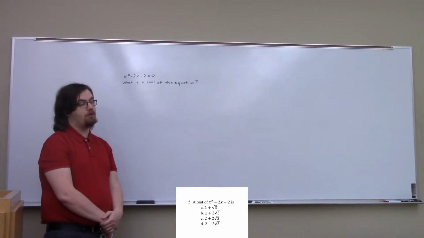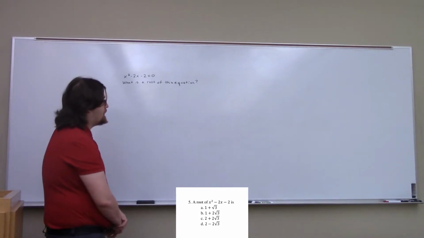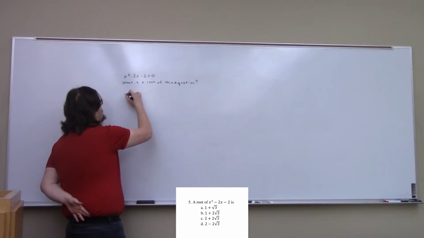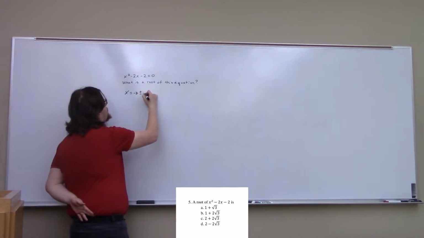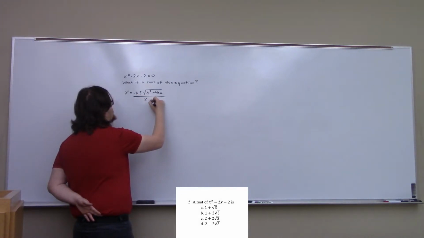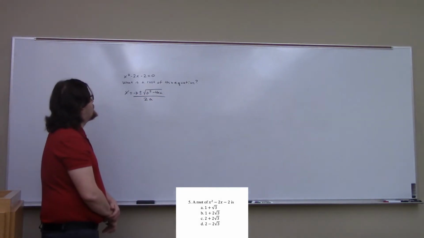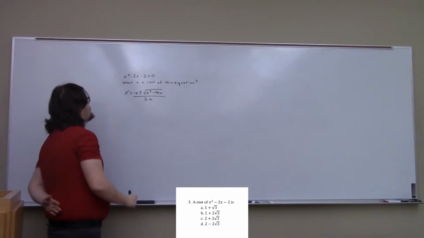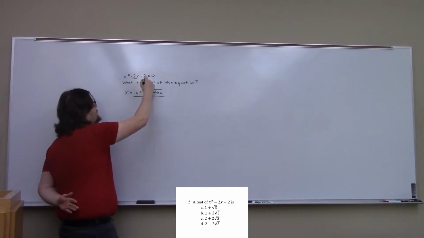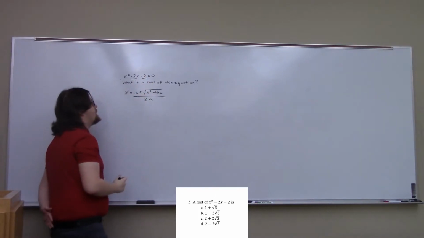Instead, what we're going to do is jump straight into the quadratic formula. So if you recall, the quadratic formula is given as x is equal to negative b plus or minus the square root of b squared minus 4ac, all of that divided by 2 times a. If we look at our original equation, we can recall that a is the value in front of x squared, b is the value in front of x, and c is the numeral digit.